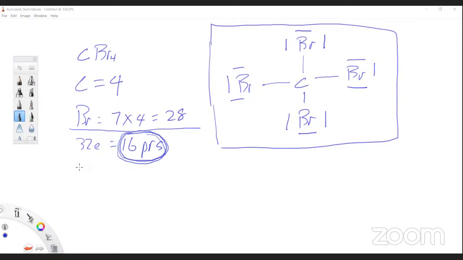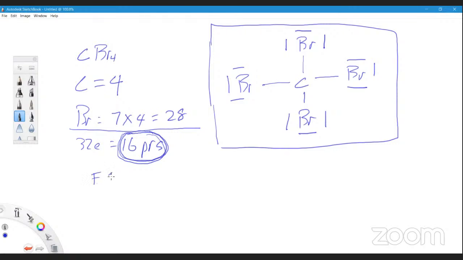All right, so what I'm going to show you is how we apply that formula to this structure that we got for this last example right here. So if I were to calculate the formal charge of bromine, that would be equal to the group number of bromine, which is 7, minus half the number of bonding electrons. This calculation is for each bromine atom, so I'm just going to focus on this atom right here. Half the number of bonding electrons: we have a line here, so that represents 2 bonding electrons.